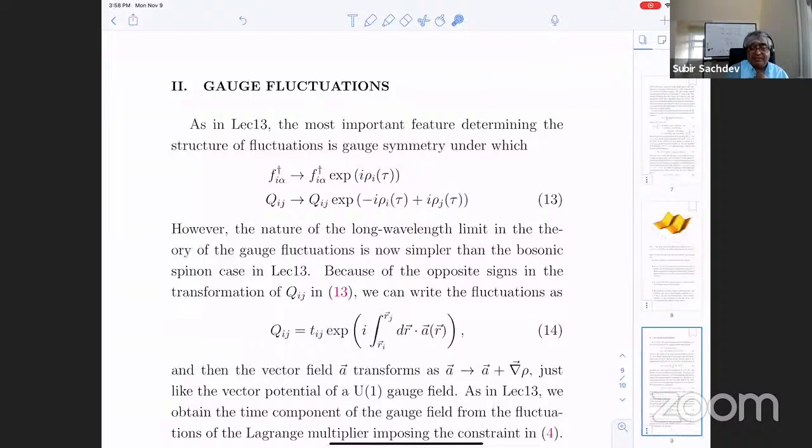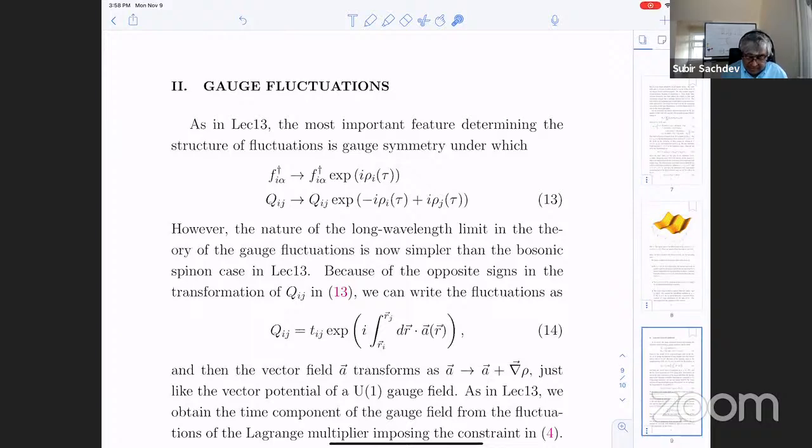You remember the phases of Q were the gauge fields, and here the gauge fields are very simple. You just take a line integral from one point to the other, and on each link you put a gauge field so that you parameterize it this way. And A is just a constant on a link. And then you can see from here and here that the gauge transformation of A is exactly just the gradient of rho. So then you just have an ordinary U1 gauge field.